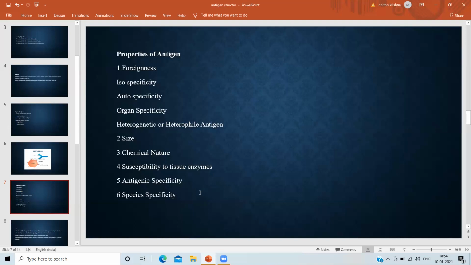The antigen specific site is the site which binds to the antibody and reacts specifically with that particular antigen. So this is nothing but antigen specificity, and the remaining portion of the antigen molecule is antigenically inert.